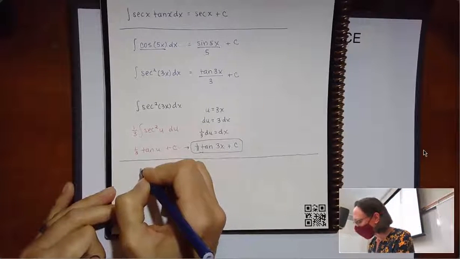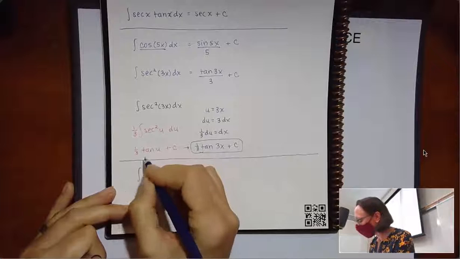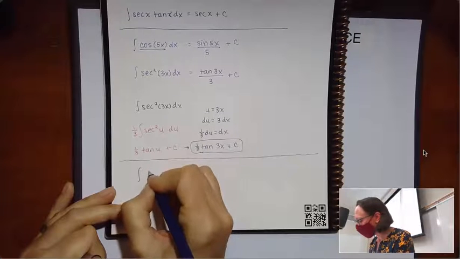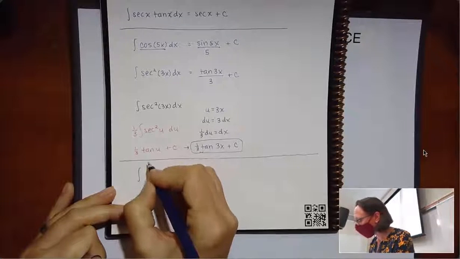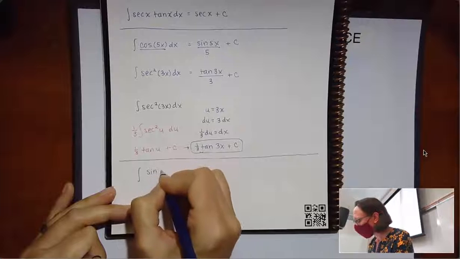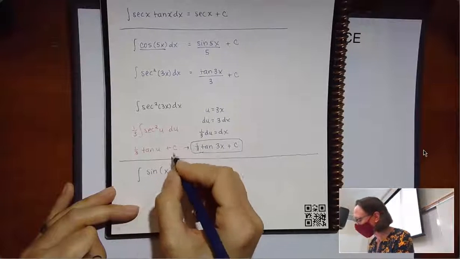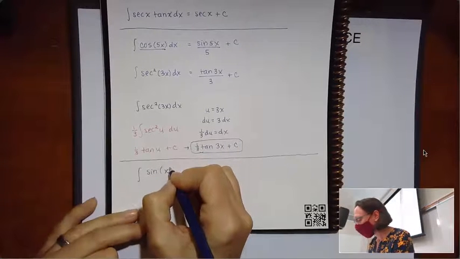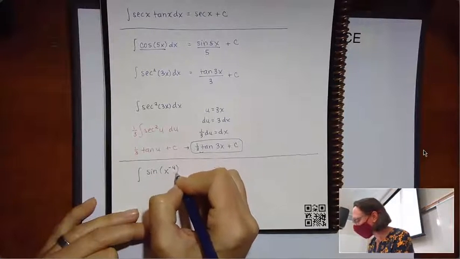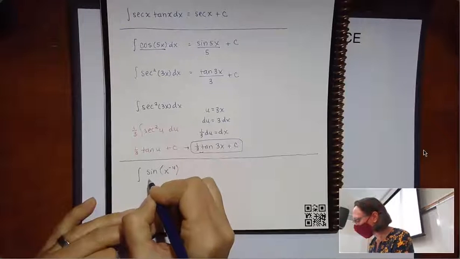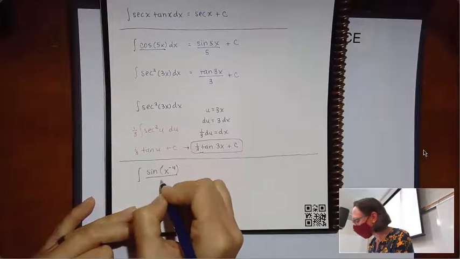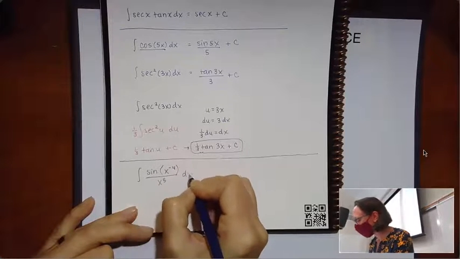So let's say I've got something that looks like, I'm going to make this a little bit gross. Sine of x to the negative fourth over x to the fifth dx.